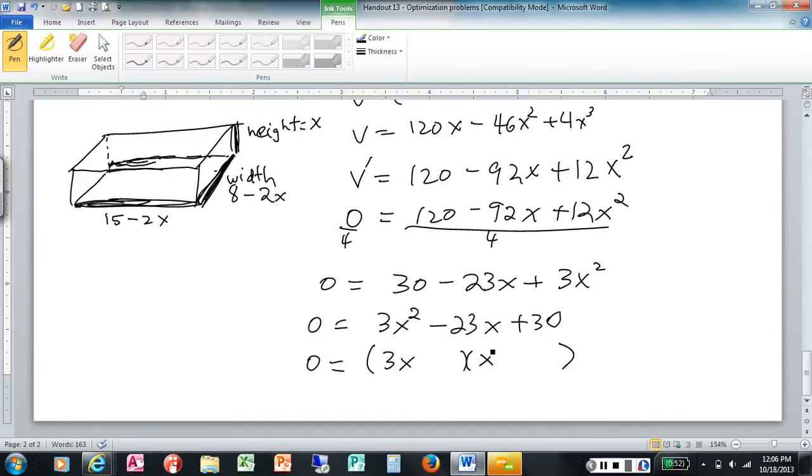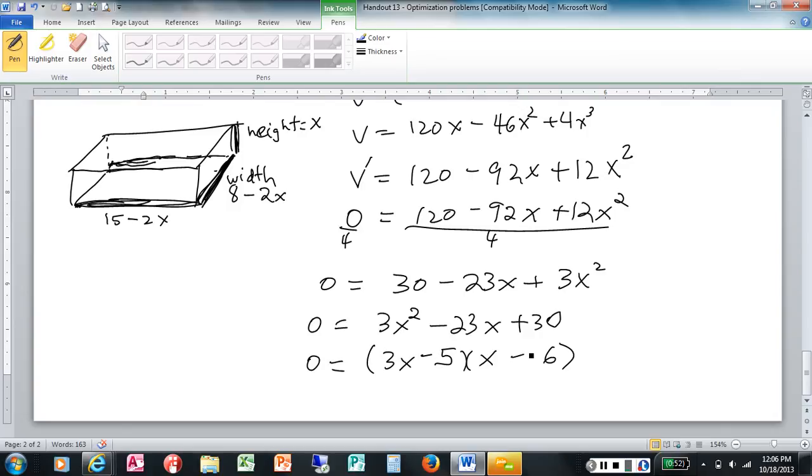No. Well, maybe I jumped the gun saying it works. 5 and 6? Aha. If I do 3x minus 5 times x minus 6, I get 3x squared minus 23x plus 30.